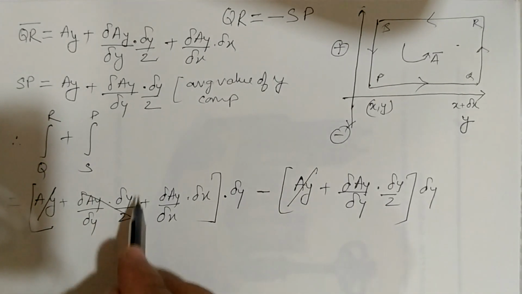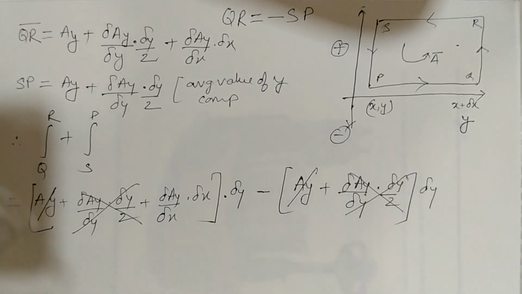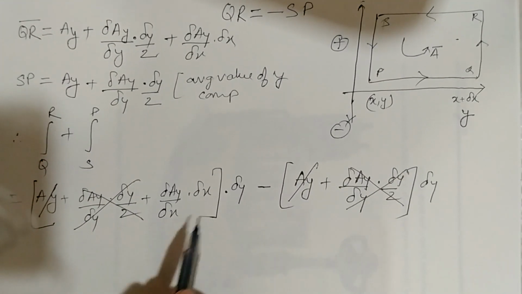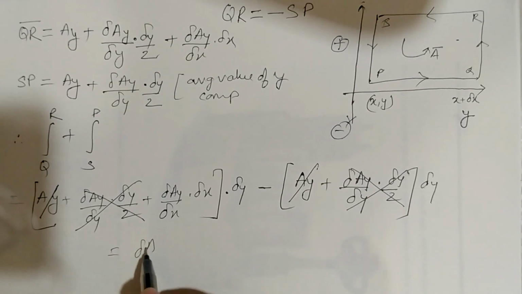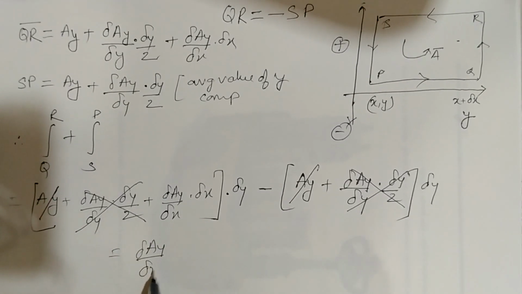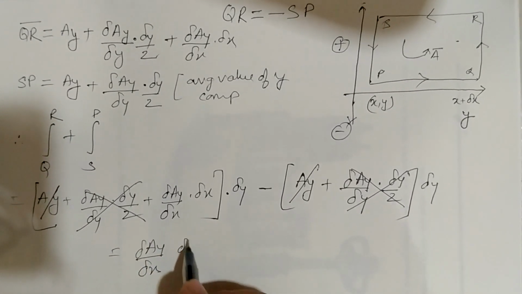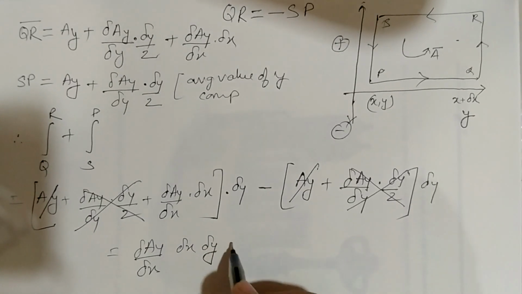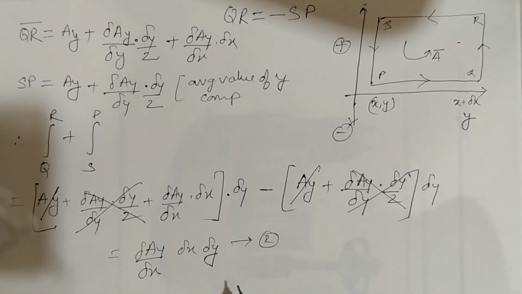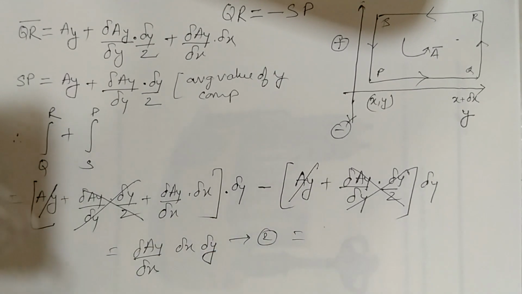This delta Ay and this delta Ay will cancel each other, leaving behind this one, that is delta Ay by delta x into delta x delta y. So this will be equation 3.